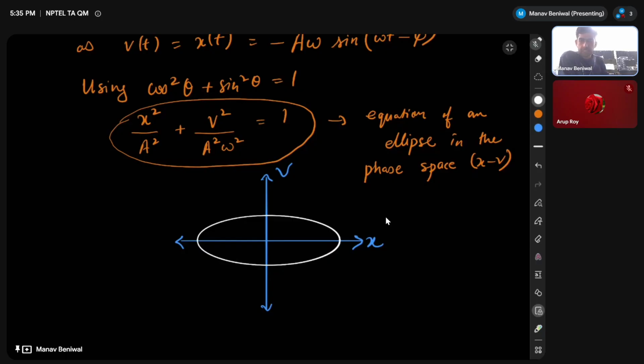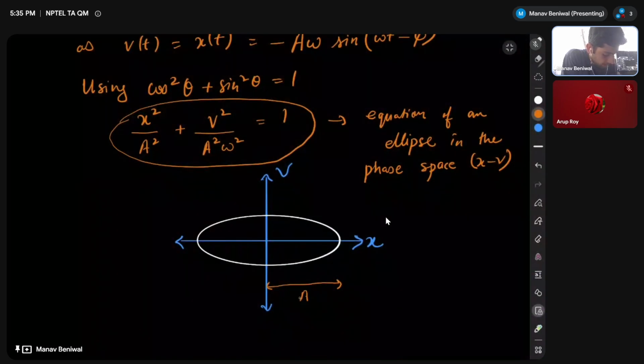So at v equals 0, my x squared is a squared, so x is plus minus a. So this distance is a, this semi-major axis.